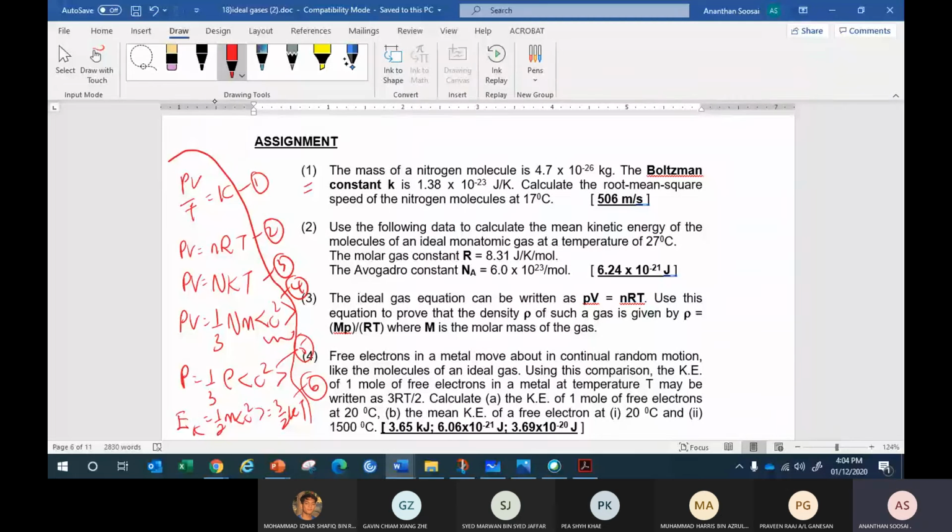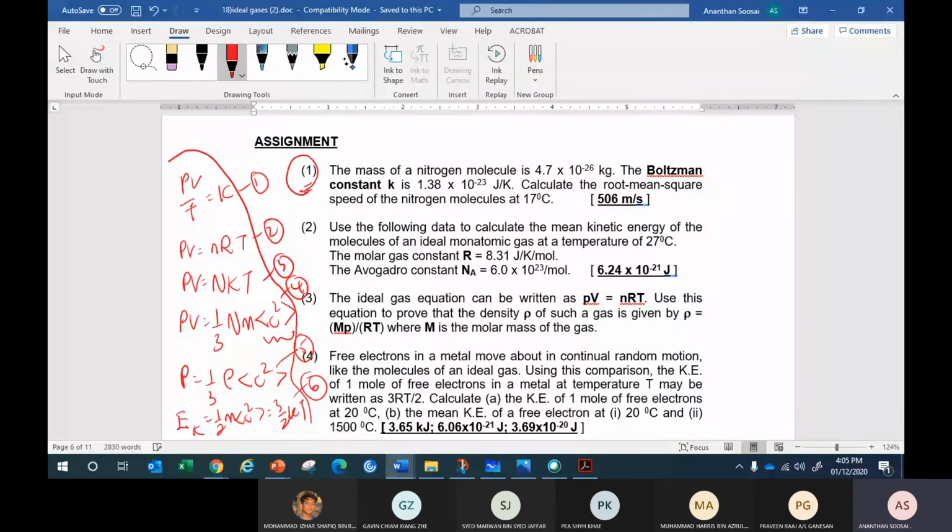2 minutes. Take a piece of paper, read the question, try to figure out which equation is most suitable. How do you go about it? 2 minutes for you. Is there anybody?